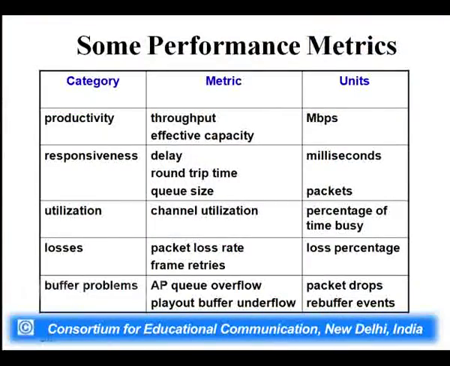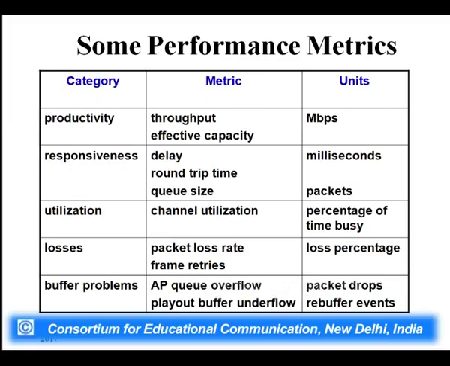Now, the summary of the performance metrics for a computer network. In this table, I have given certain categories, and in the middle there are certain metrics, along with the units in which they are measured. One is the productivity of a network.